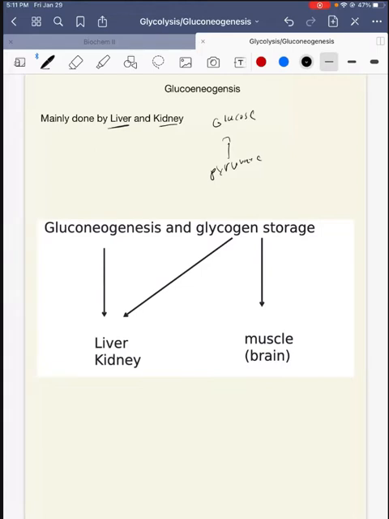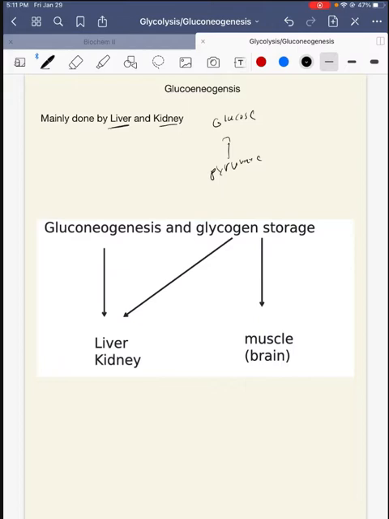So after a meal, you have higher blood glucose levels, then most of your tissues and liver in your body will be running glycolysis. When you haven't eaten in a while or you're starving, you have very low blood glucose levels.